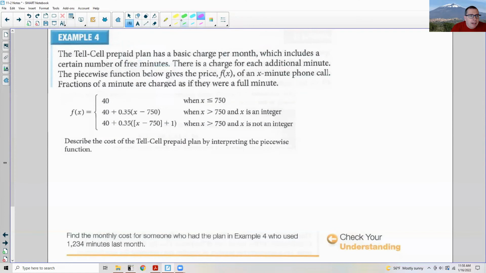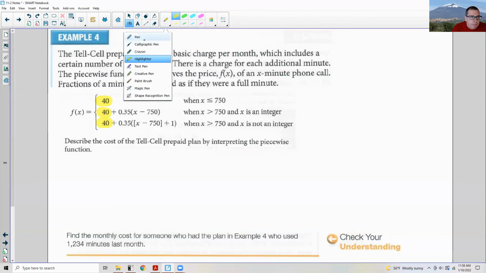Okay, so let me get my highlighter out here. And so it says, describe the cost of the Telcel prepaid plan by interpreting the piecewise function. Okay, so to interpret the piecewise function, what they're saying is, notice that regardless of what happens, there is a $40 fee. So that's part one. Okay, we know that they're charging $40 basic charge per month.